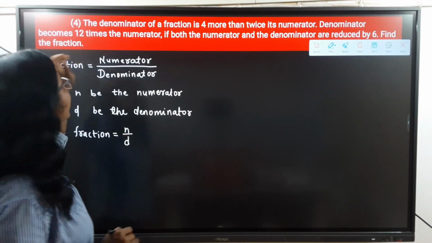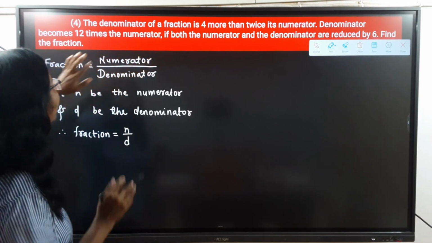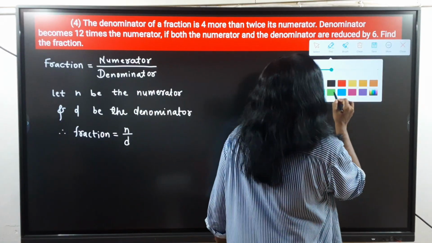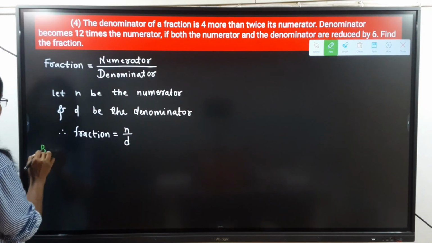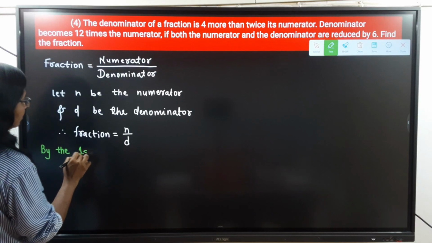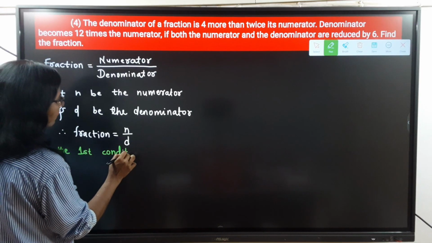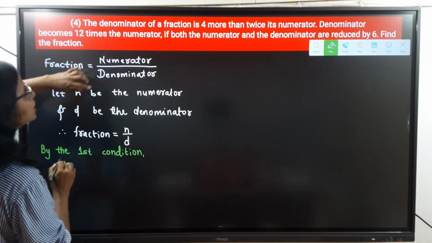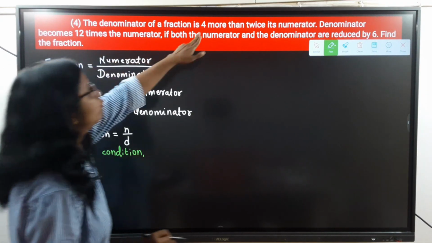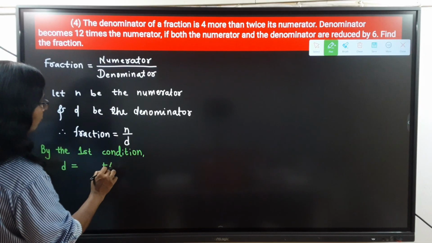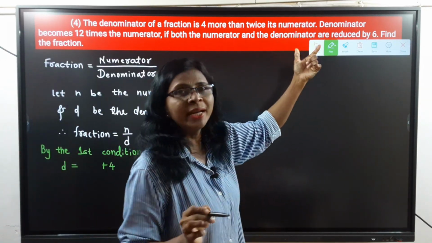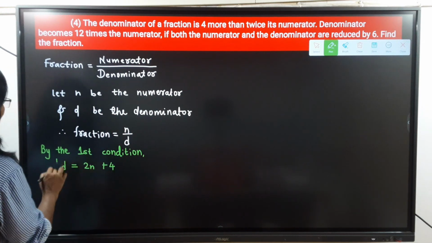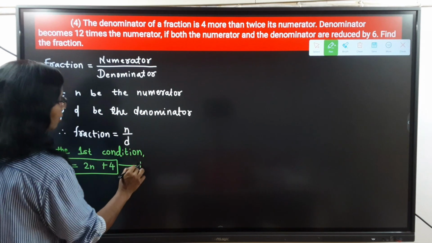Now as per the first condition, the denominator of a fraction is equal to 4 more, which means plus 4, than twice its numerator, the multiple of the numerator, 2n. So d is equal to 2n plus 4. This is the first equation from the first condition.